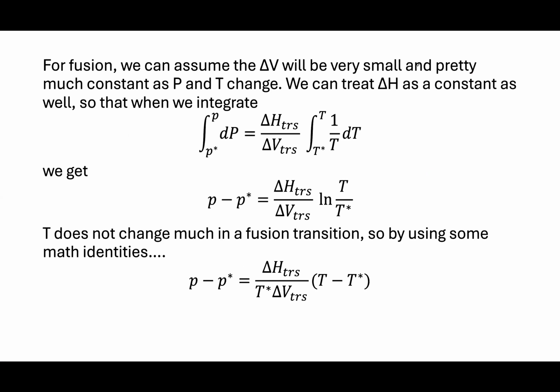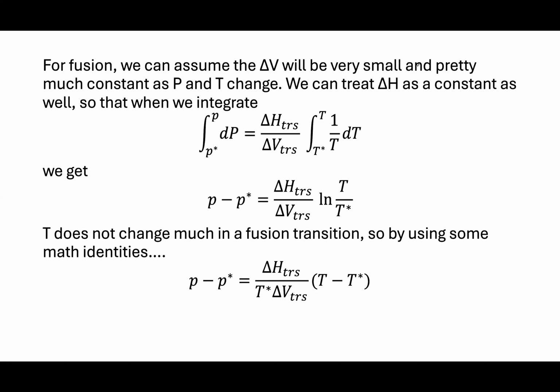Now, for our fusion, solid to liquid, we can assume that delta V will be very small, and that it's going to be pretty much constant. It's not going to be exactly constant, but for what we care about, it's going to be a very good approximation. We can treat it as constant. So the left-hand side is going to be dP. The right-hand side is going to be delta H over delta V times 1 over T times dT.